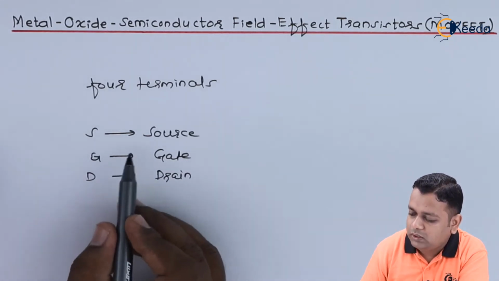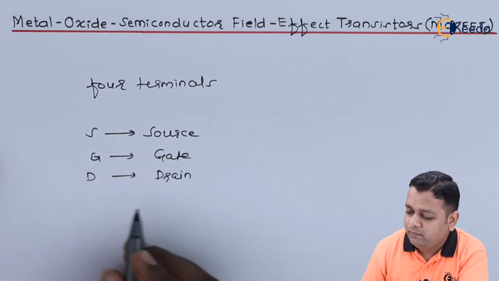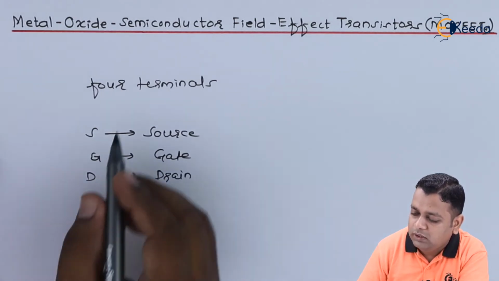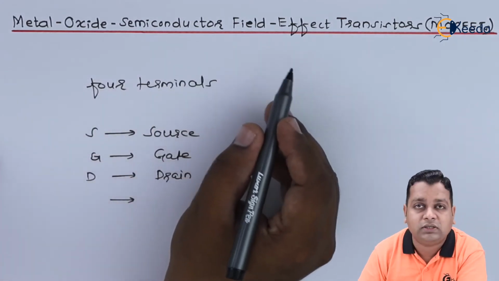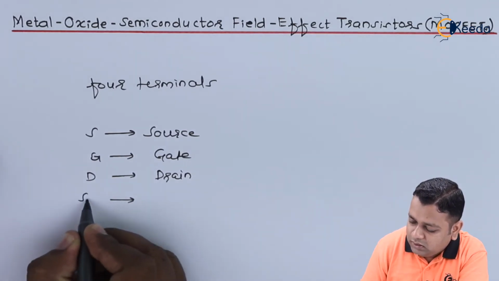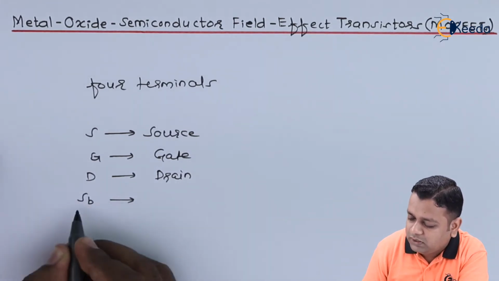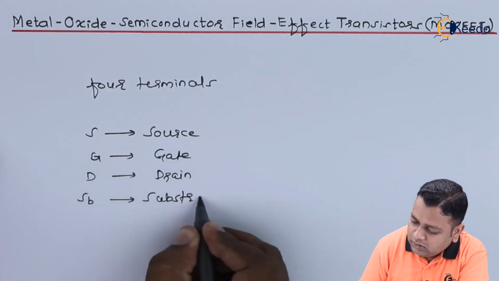So along with the source terminal, gate terminal, and drain terminal, we have the fourth terminal in the metal oxide semiconductor field effect transistor, called the MOSFET, which is nothing but the substrate. So I give only the suffix B to the S, mentioning the substrate.